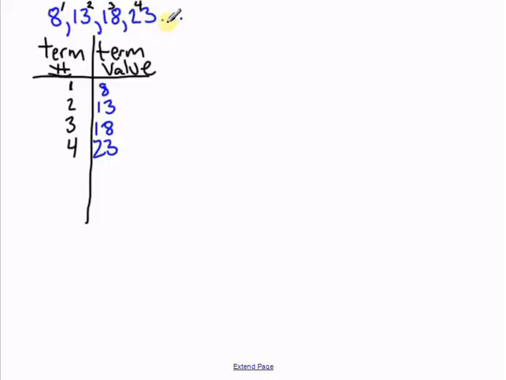So I know I didn't ask you this, but it's a good idea to always write what the pattern rule is in words, because it gives us some good information. So this pattern starts at 8. We always say what number the pattern starts with, and then how does it change. Well, to get from 8 to 13, we're adding 5.